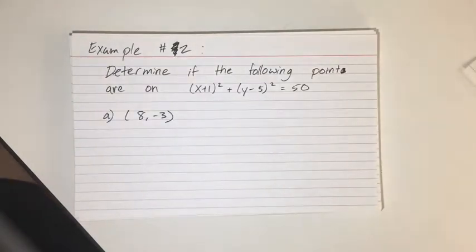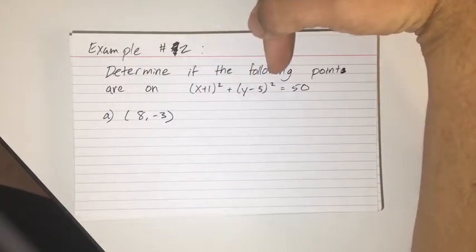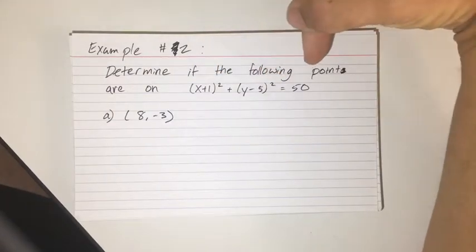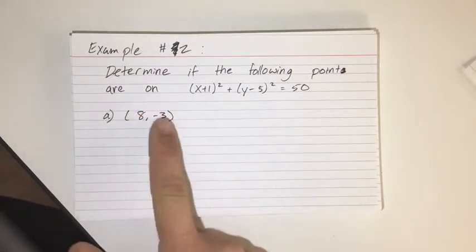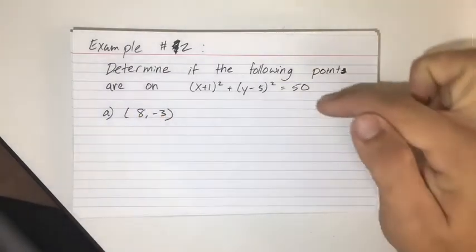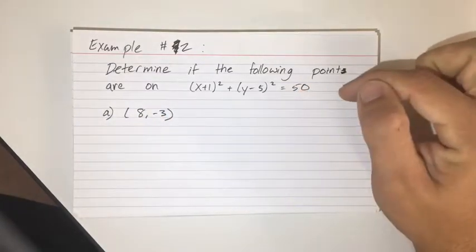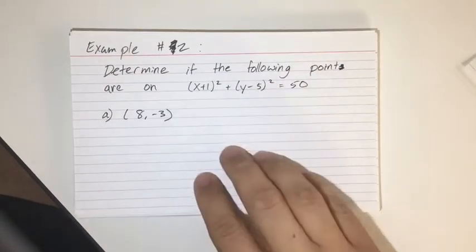So our last example for the video notes is determine if the following points are on the circle (x plus 1) squared plus (y minus 5) squared equals 50. We want to see if this point is on the circle. So what we're going to do is take this point and plug it in for x and y and see if the left-hand side equals 50.